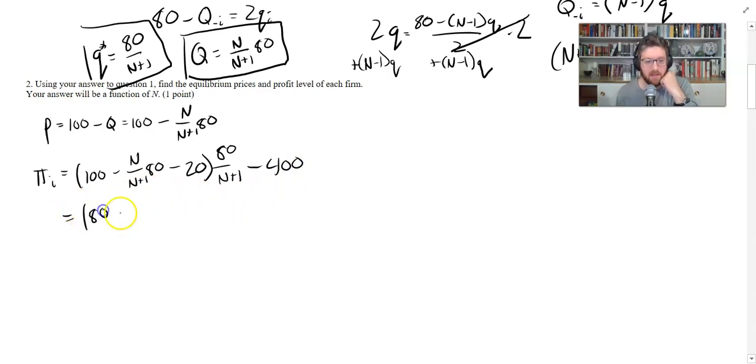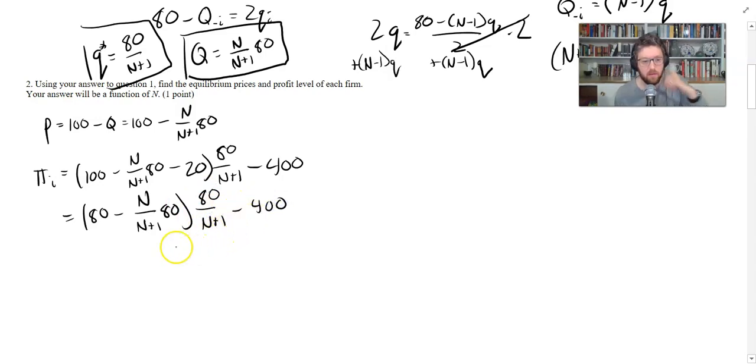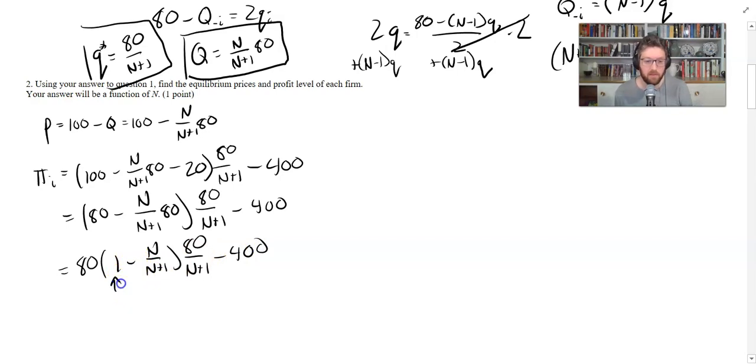So I can simplify this a little bit. I get 80 minus n over n plus 1 times 80 over n plus 1. I can factor out my 80. So now it's 1 minus n over n plus 1 times 80 over n plus 1, minus 400. And n plus 1 over n plus 1, like, let's change this to this.